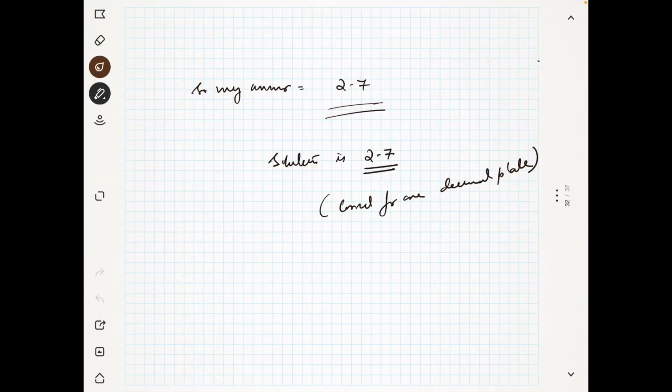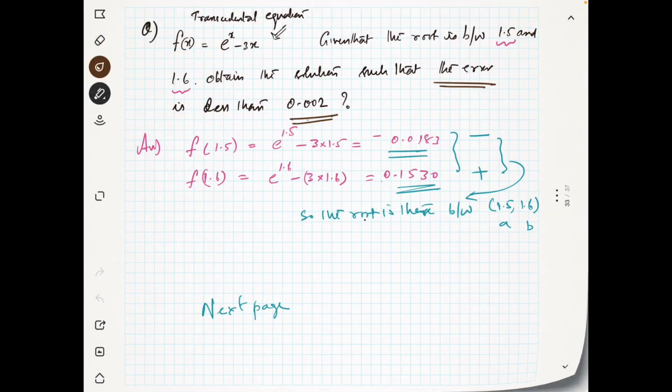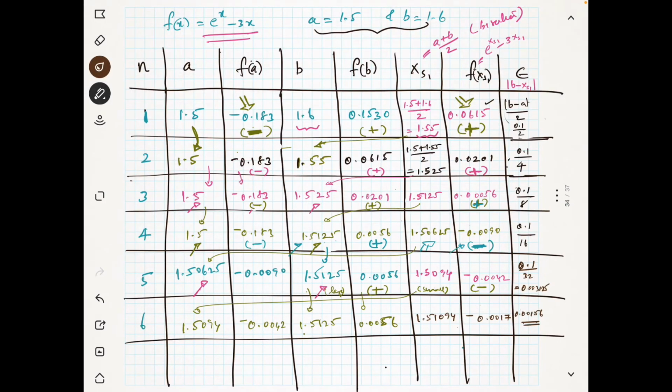That means that you can stop now. You can stop here, because this error now is 0.00156, which is less than 0.002. So stop the iteration.